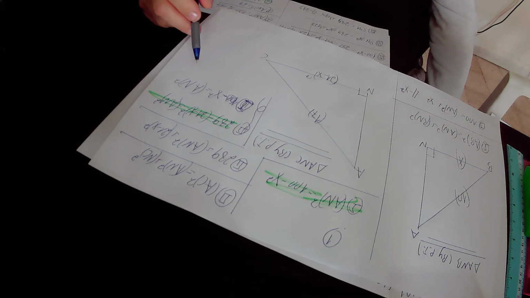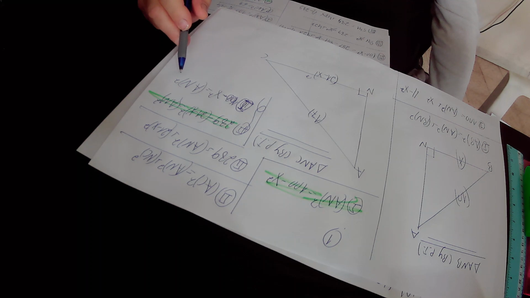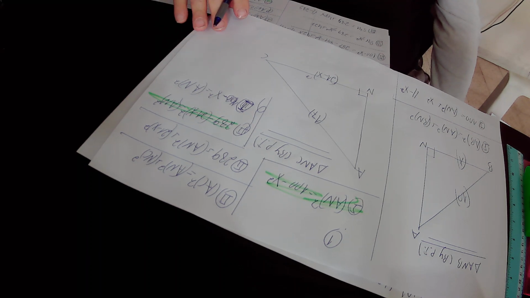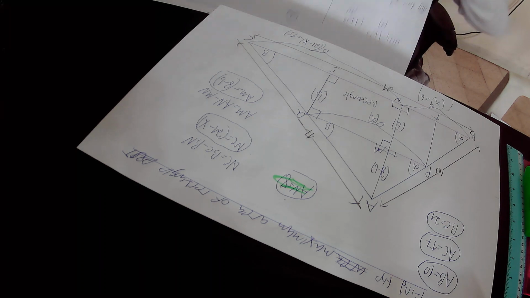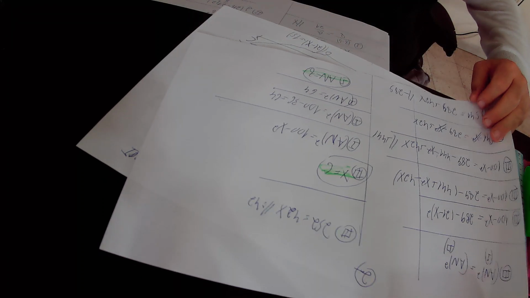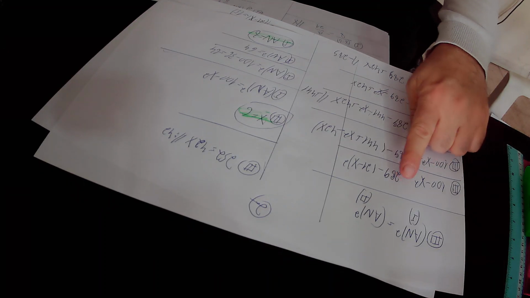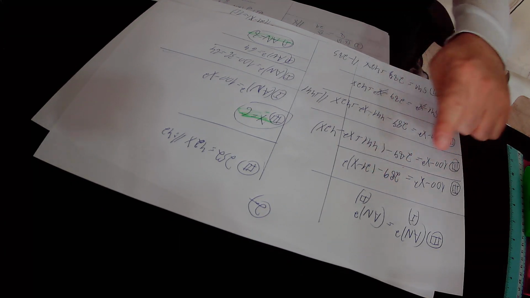So we have two different equations for AN squared. Therefore we created equation 3, which states that AN squared according to equation 1 must be equal to AN squared according to equation 2.